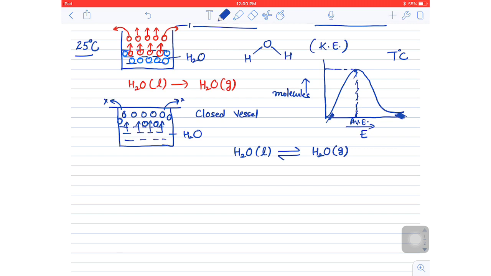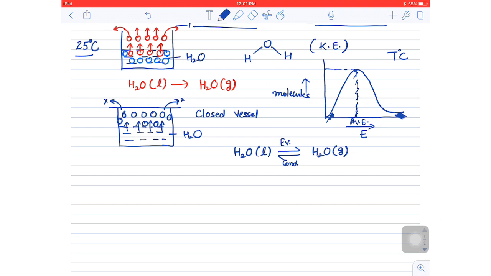So here we have evaporation, suppose EV, and then gaseous water moving into liquid water, which is condensation. After some time there will be an equilibrium between evaporation and condensation.